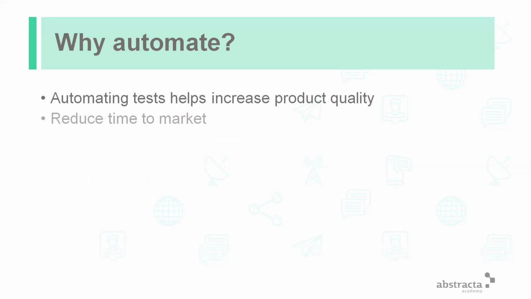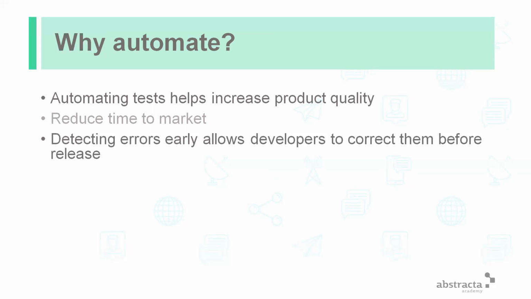It's also easier for a developer to fix something that broke yesterday, let's say, rather than a few months ago. That means we are reducing cost by allowing tests to run automatically, leaving the tester to focus on manual testing and other more complicated areas.